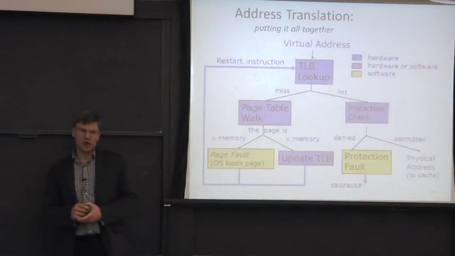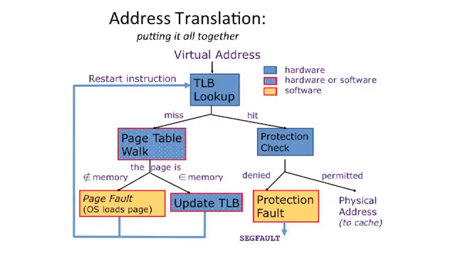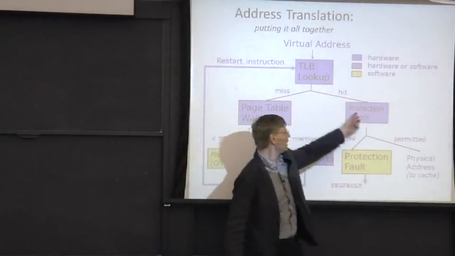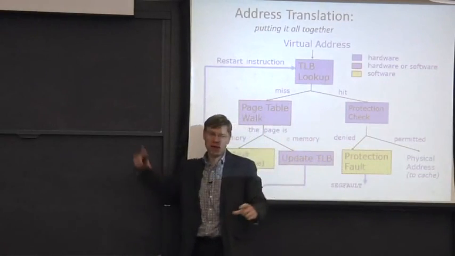But if we go back and look at how address translation works from the hardware level, because that's what we're focusing on in this course, you take an address and you run it through a translation look-aside buffer. If you have a hit, this is the case where everything's going well. The address is in your translation look-aside buffer, the cache of the page table.